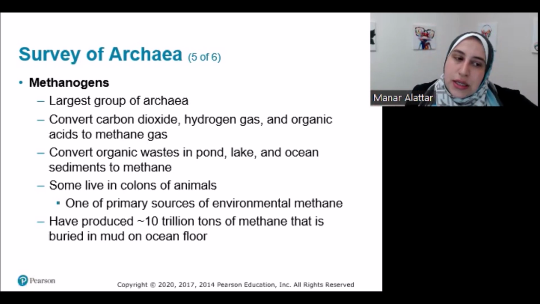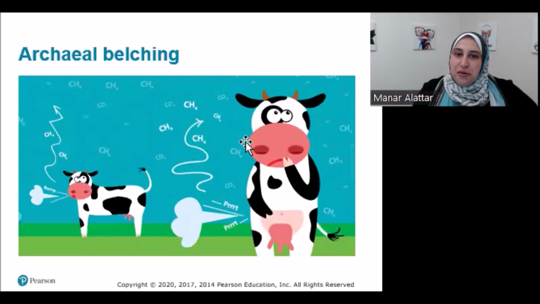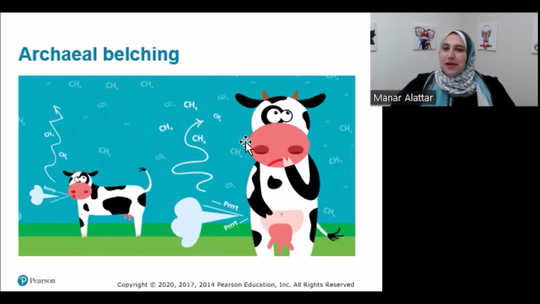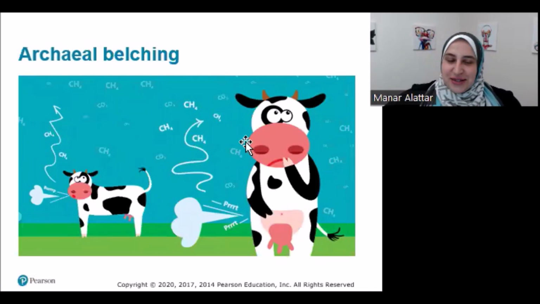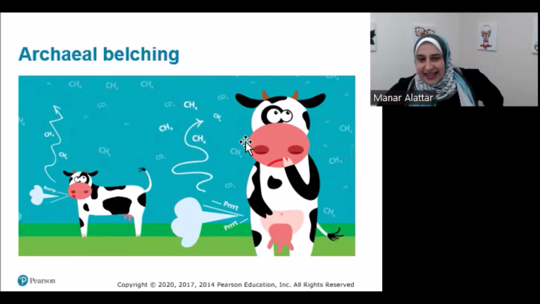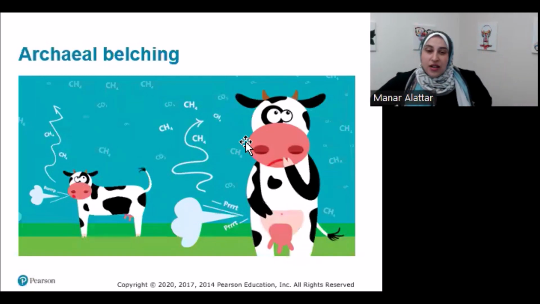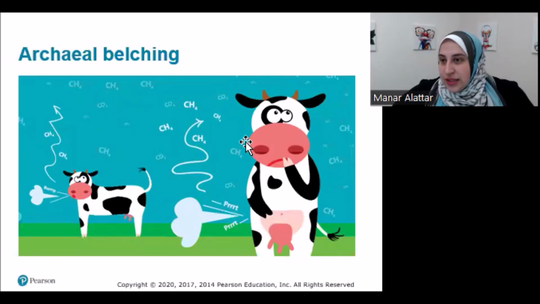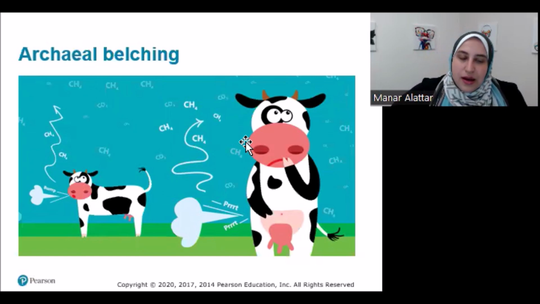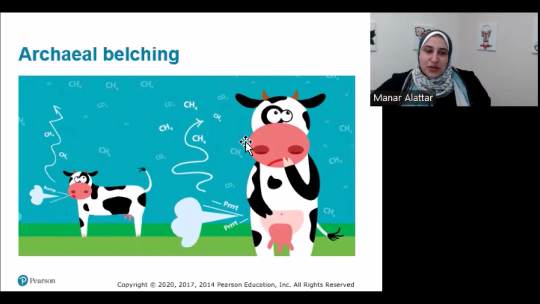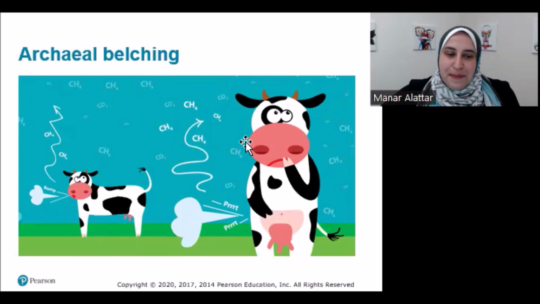If you're interested in more information around cow belching and the interaction of cows and archaea and climate change, there are a number of resources. One is We Are the Weather by Jonathan Foer. Jonathan Foer actually writes a number of books on cows and their relationship to climate change. So if you're interested, that's an outside resource for you.